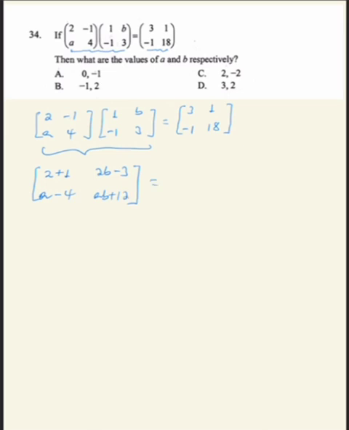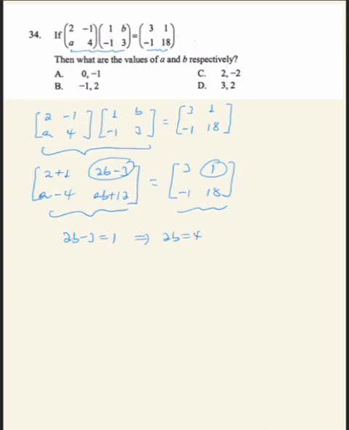12 we have. This is equivalent to 3, 1, minus 1, 18. Now these matrices are the same. So 2b minus 3 is the same as 1. 2b minus 3 is the same as 1, this implies 2b is equal to 4, or b is equal to 2. We have found the value of b.